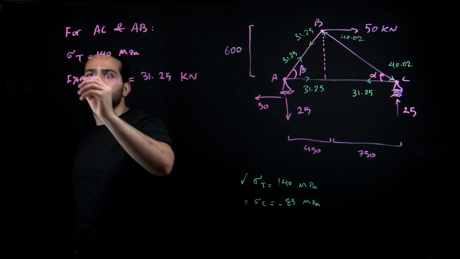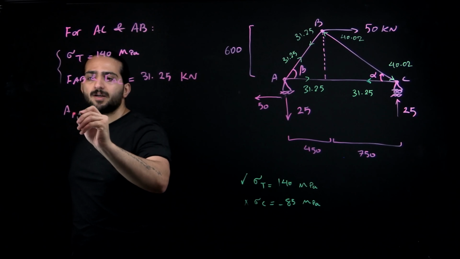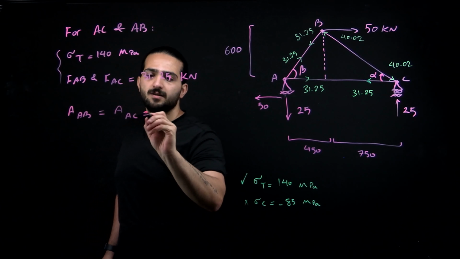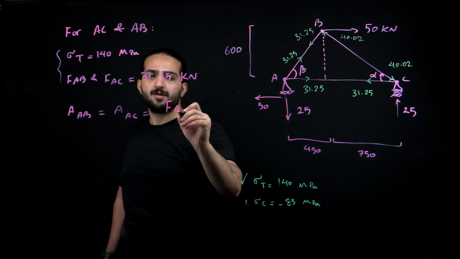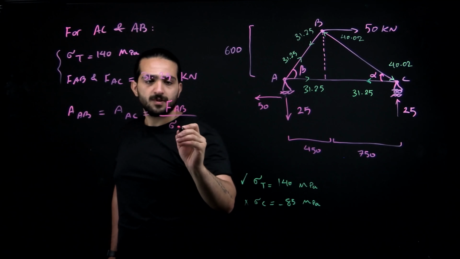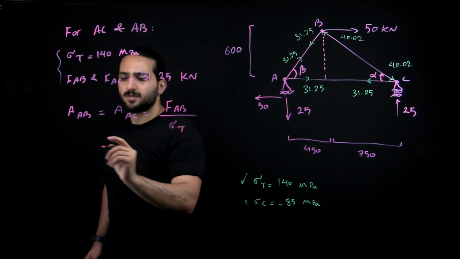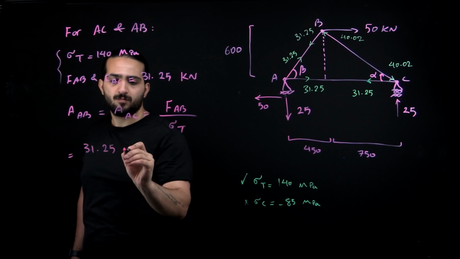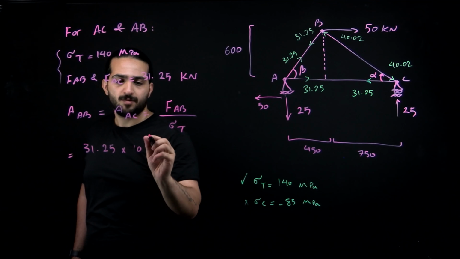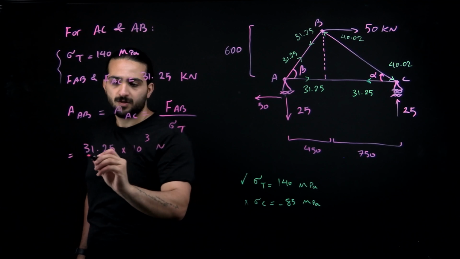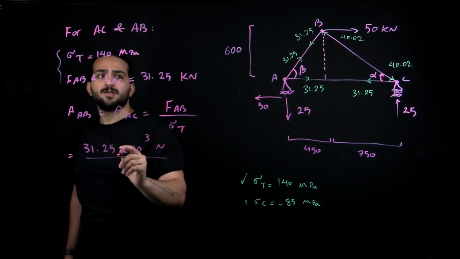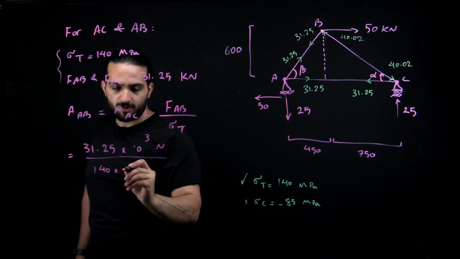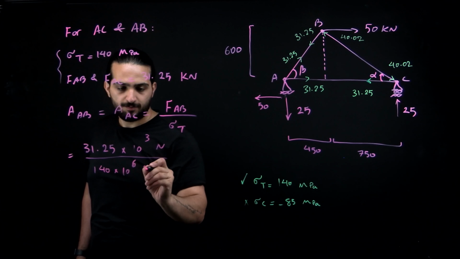So AAB would be equal to AAC equal to FAB over sigma T. So this is 31.25 multiplied by 10 to the power of 3 Newton, and this is 140 multiplied by 10 to the power of 6 Pascal.